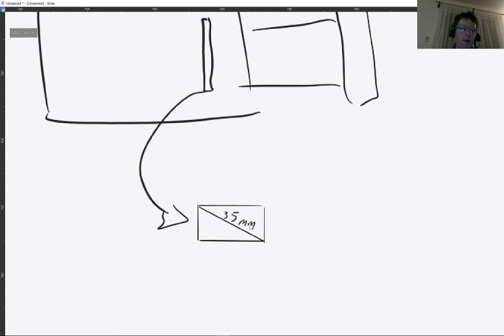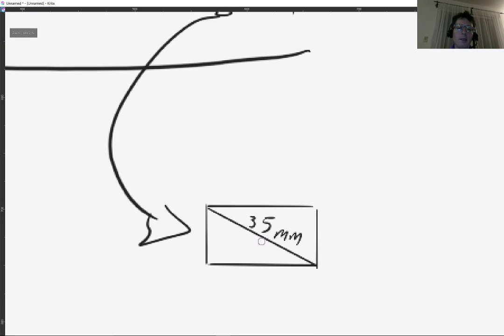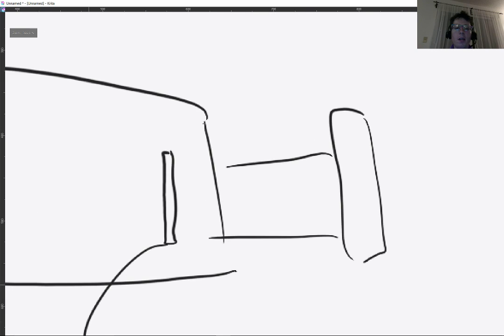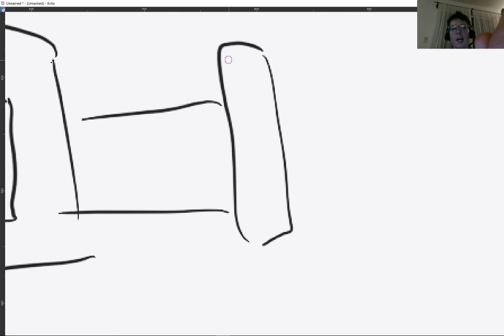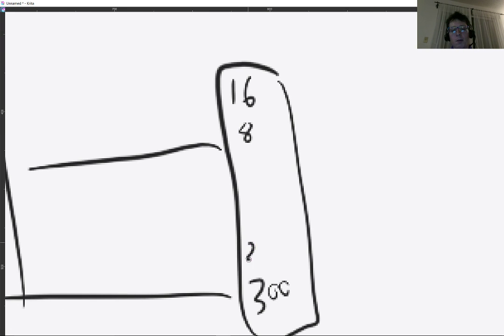So when you see 35 millimeter cameras, that's what it's referring to. It's referring to the size of the image. Now over here we have our lens, and you probably have seen numbers like 16 or 8 millimeters or 300 millimeters on a lens, or it could even be a range like 24 to 70.